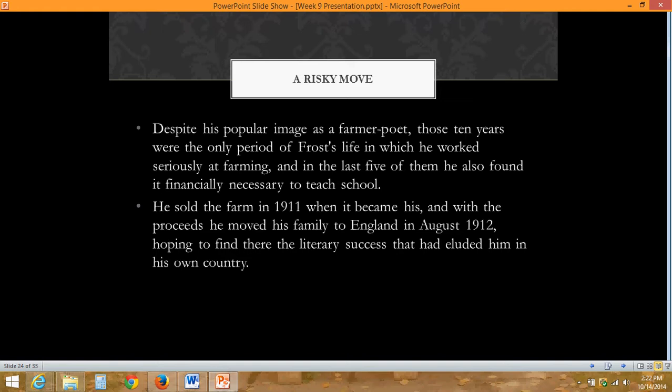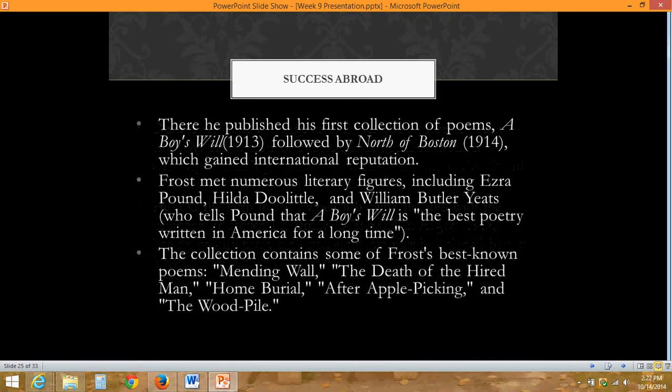And with those proceeds, he moved his entire family to England, which was risky. I mean, he already had an established farm, he already had a job, but felt the need to move. And it was a great move for his family in terms of his literary success, and he really became very well known in England.